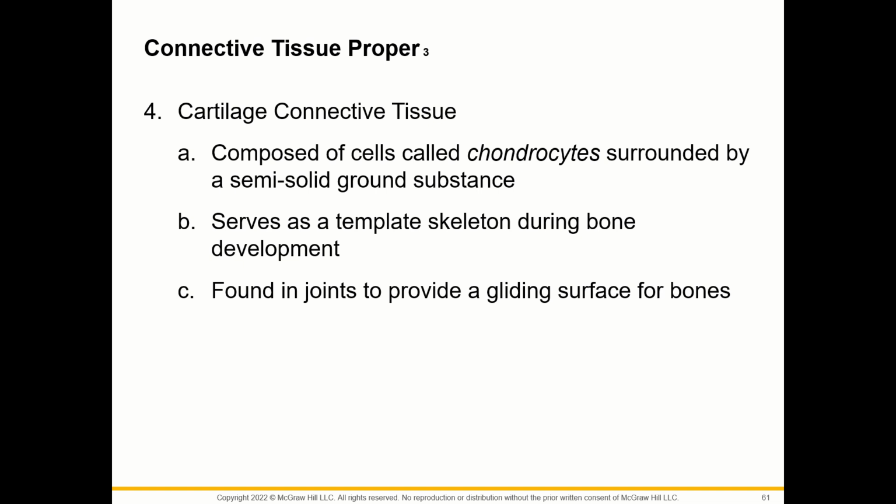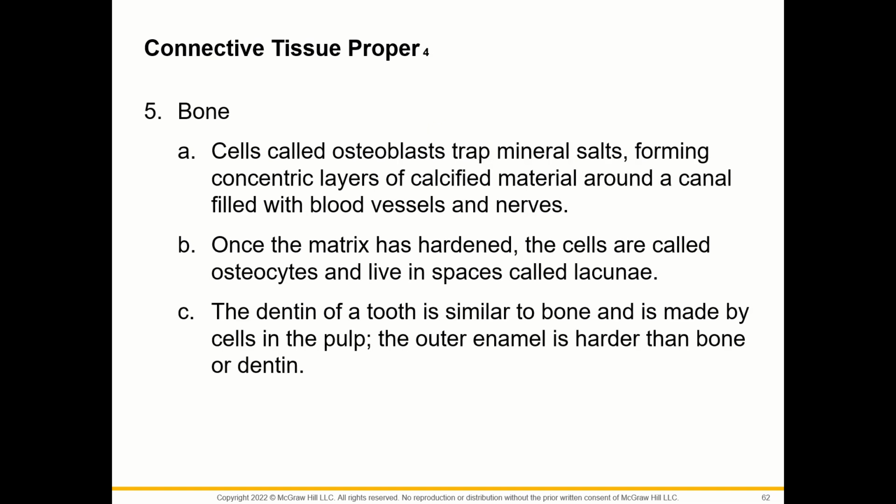So your slide here has connective tissue proper down for the cartilage there, but generally what we consider cartilage is supporting connective tissue. And the other type of supporting connective tissue that we'll see is the bones themselves. And so if you ever see supporting connective tissue for cartilage and bones, don't be surprised by that. That is a very common grouping for them.